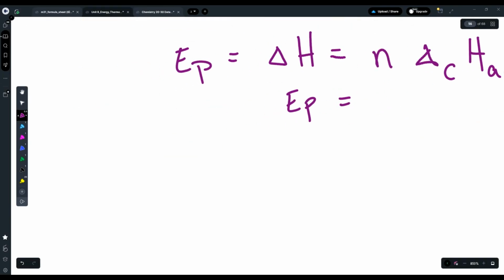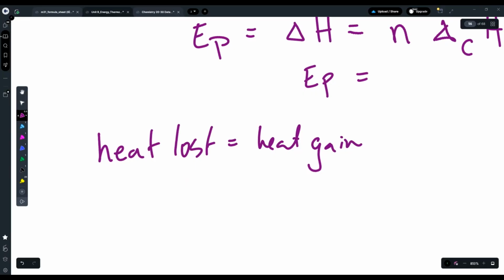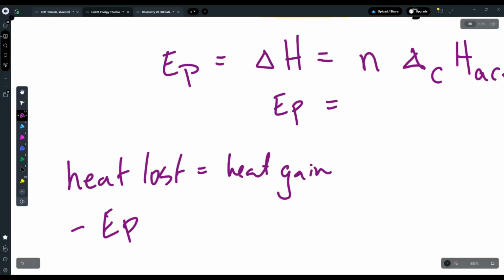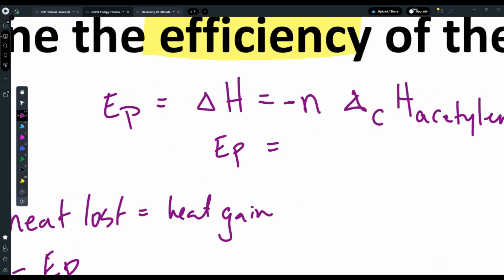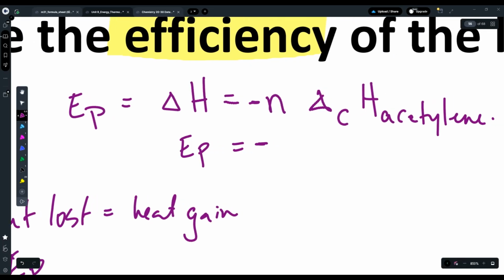Remember when we did heat lost is equal to heat gained. The left side of this equation is the potential energy side. When we had an exothermic reaction, we put the negative on the potential energy side, and we're going to have to do the same thing here. Otherwise, we're going to get a negative potential energy.